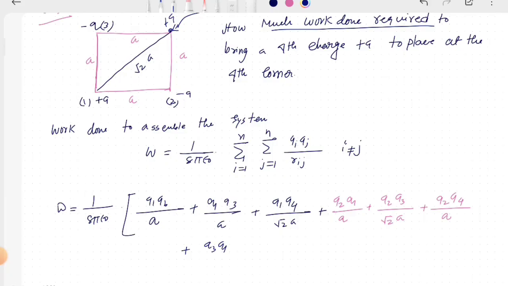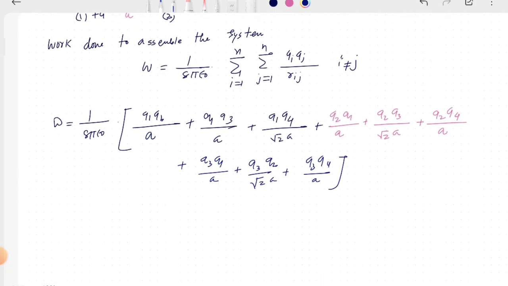So Q3 Q1 upon A, Q3 Q2 upon root 2A, Q3 Q4 upon A. So this is the case. Actually we calculate the net work done for these configurations.